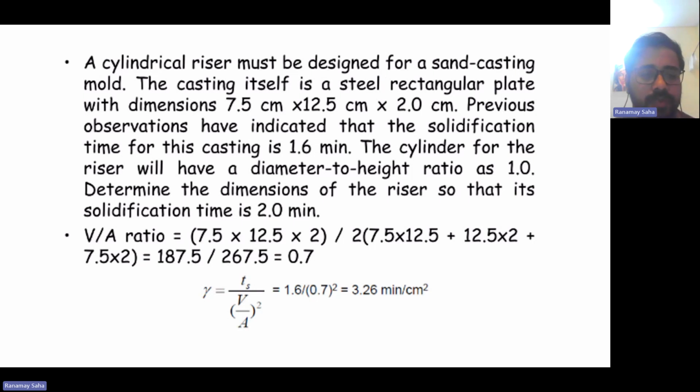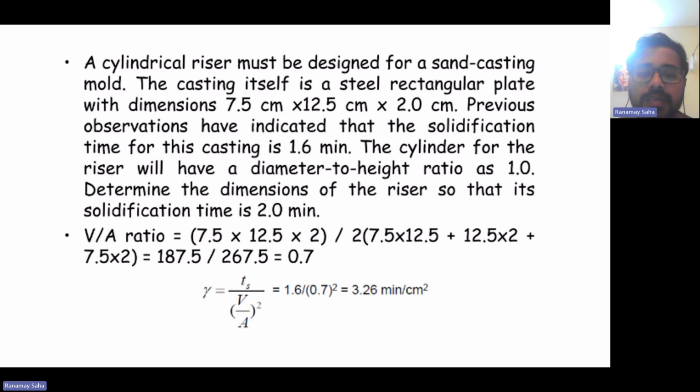So you just go on and calculate the dimensions of the riser so that its solidification time is 2 minutes. Here you can see the V by A ratio is required. Chvorinov's principle is related to the ratio of V by A for casting and V by A for riser.